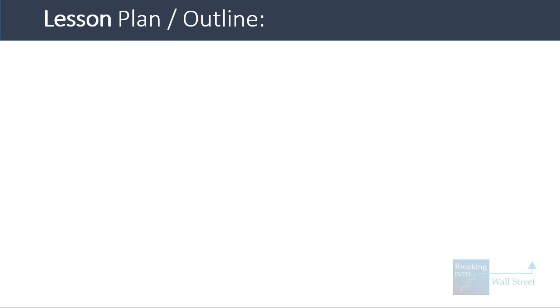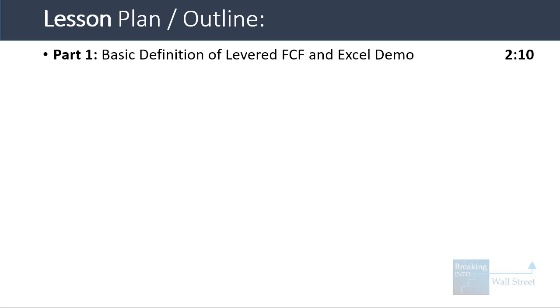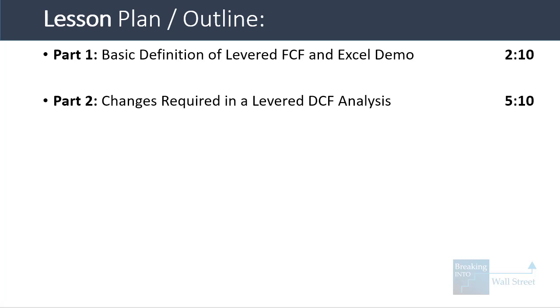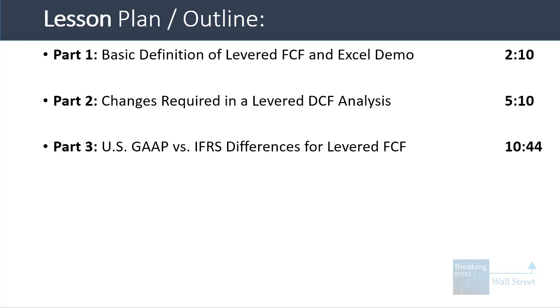So here is the lesson plan and outline for this lesson. It is going to be a little bit longer, so I will paste in the timestamps here as well so that you can skip around more easily. First, I'm going to give you a basic definition of levered free cash flow and an Excel demonstration. Then I will describe the changes that are required in a levered DCF analysis. Then I'll go into some issues for US GAAP versus IFRS and how these accounting systems also create some differences in the levered free cash flow metric.